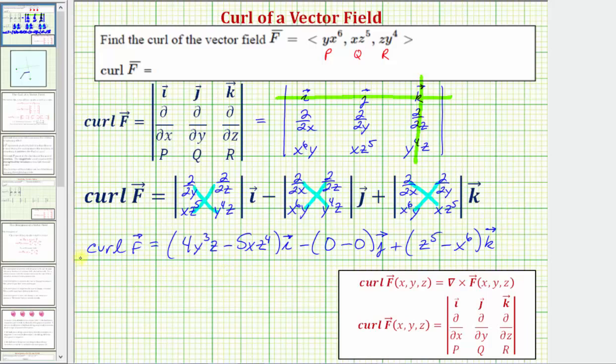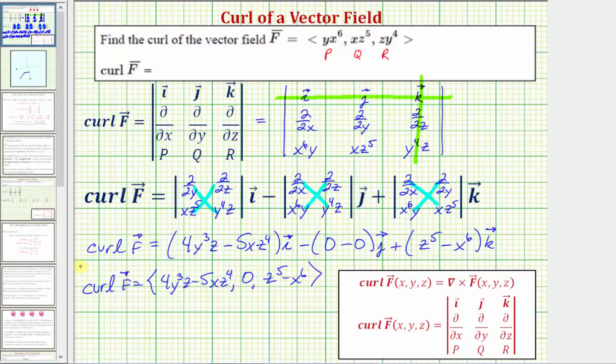Let's write this in component form. So the curl of vector field F has an x component of 4y to the third z minus 5x z to the fourth, a y component of 0, and a z component of z to the fifth minus x to the sixth.